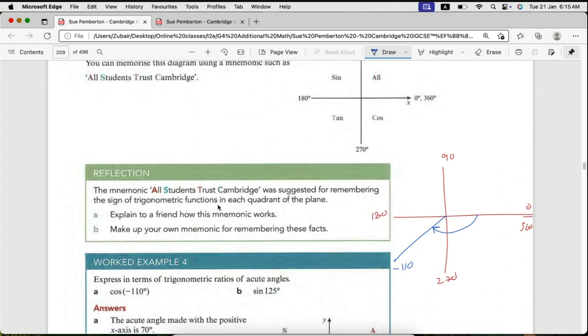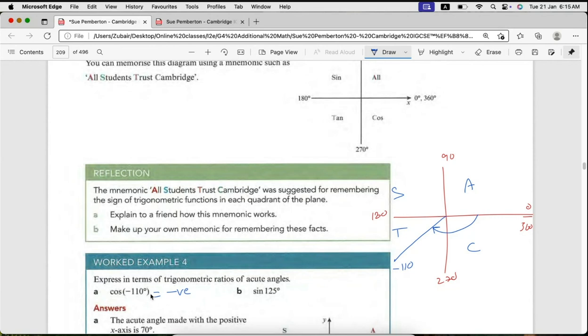Agreed or not? Yes, because it passes 90 in the negative way. And we know this was add sugar to coffee. Simple math. Do you remember that? Yes. So this is cos negative 110 and add sugar to coffee. Definitely we know it is cos and finally it would give me a negative answer.